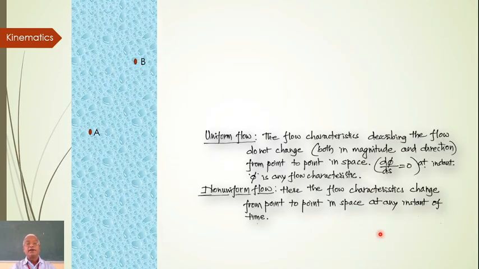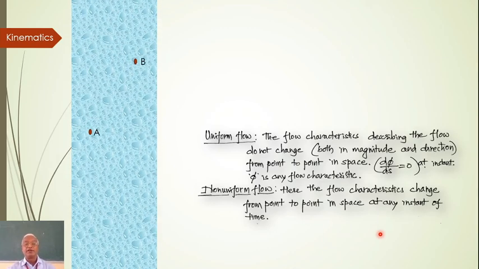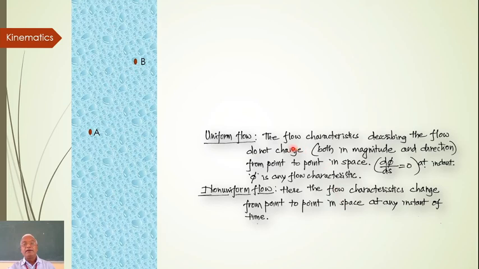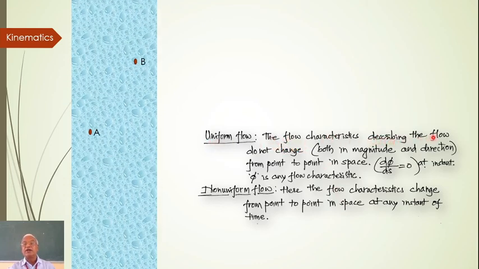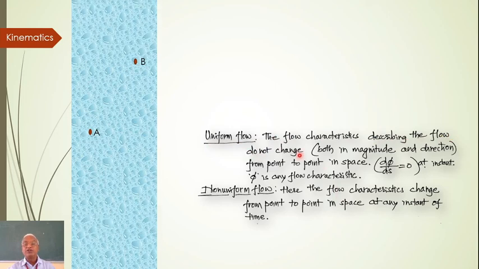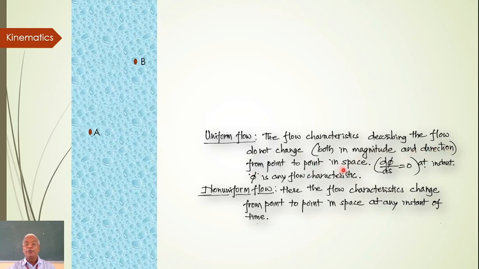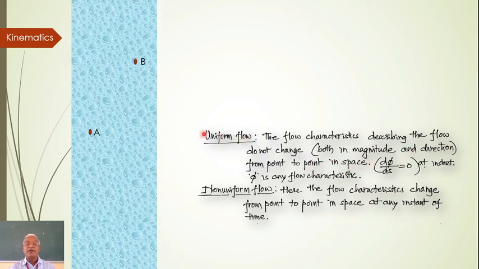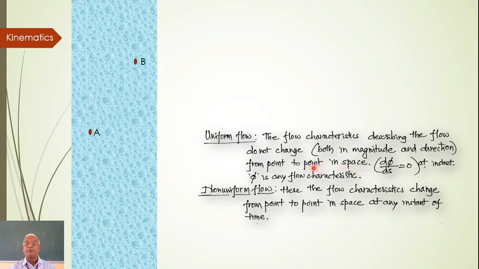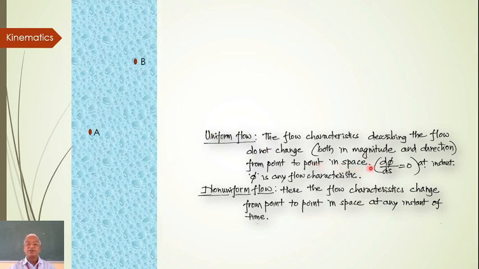Okay, here it is uniform flow or non-uniform flow. There are two things here. When I say uniform flow, the flow characteristics describing the flow do not change, both in magnitude and direction, from point to point in space. So when I define uniform flow, I am considering space.